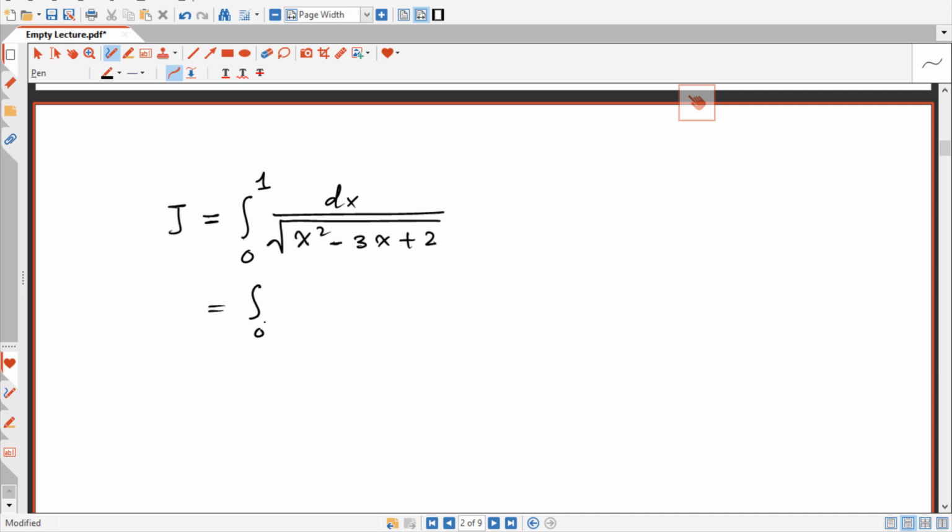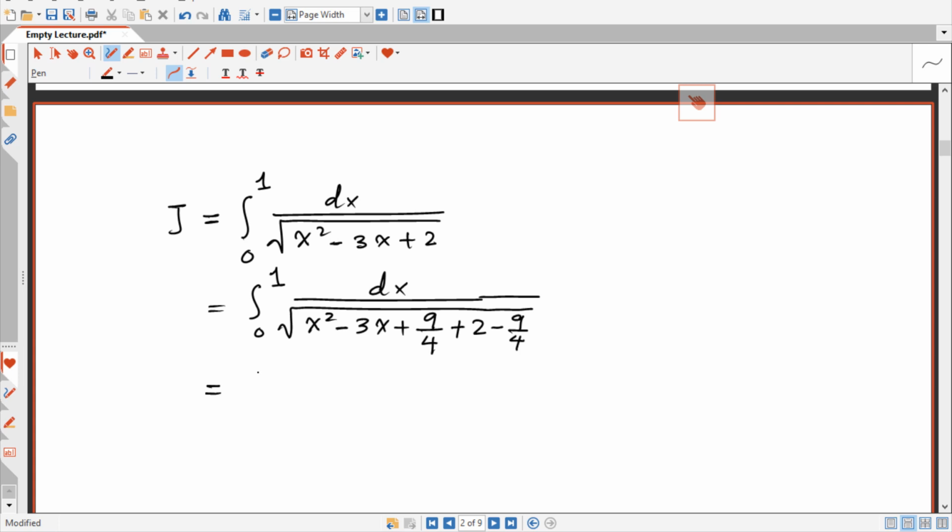This is equal to the integral from 0 to 1 of dx divided by the square root of x squared minus 3x. Then we add and subtract the square of half of the middle term, which is 3 by 2 squared, that's 9 by 4, and then we have 2 minus 9 by 4.